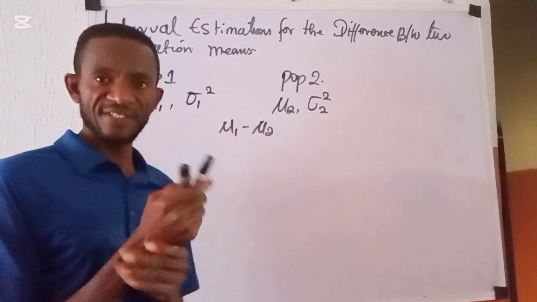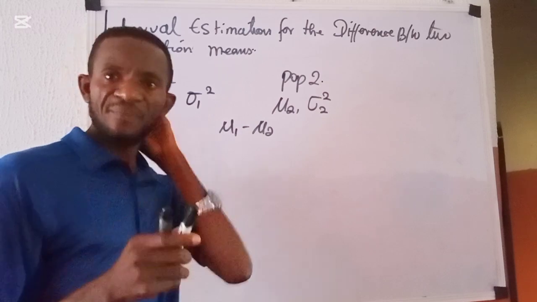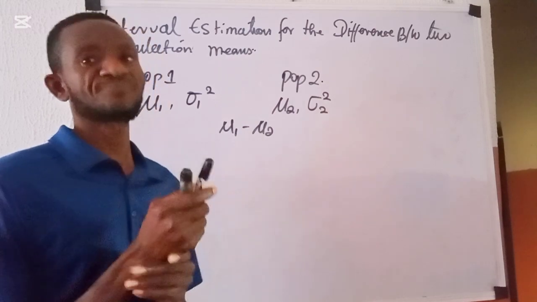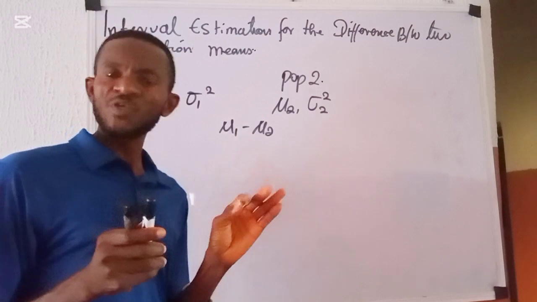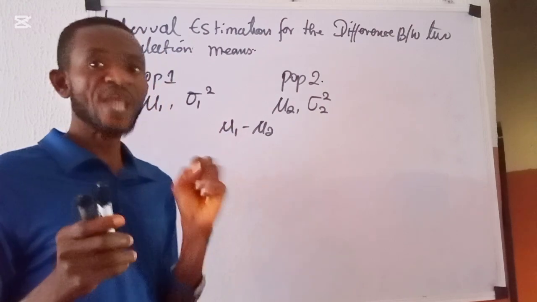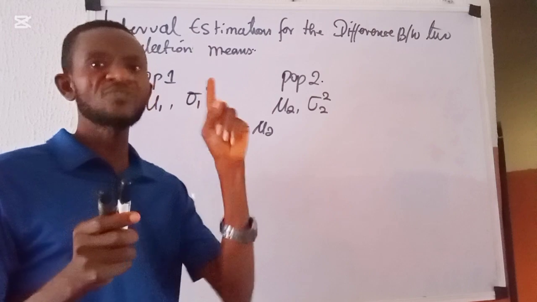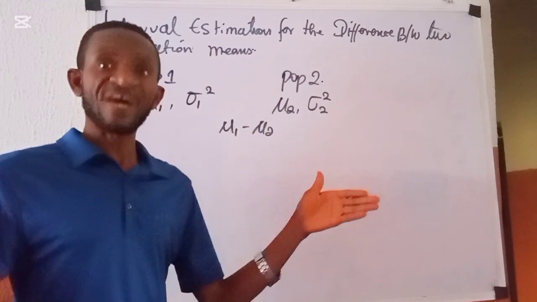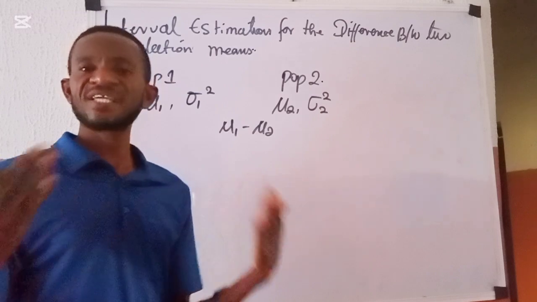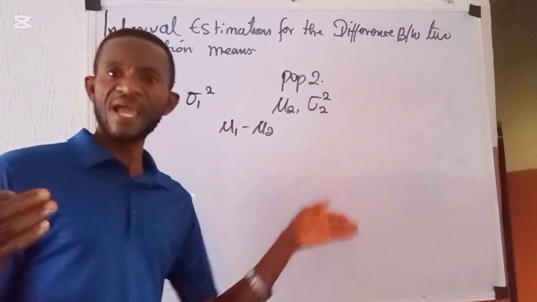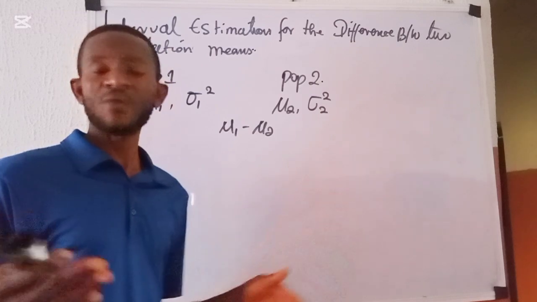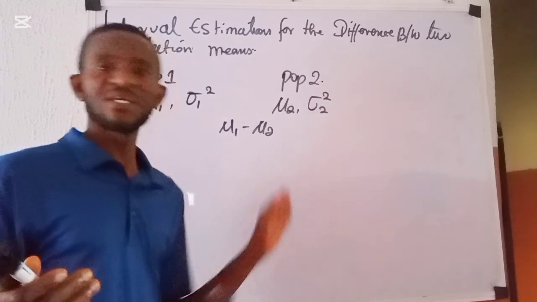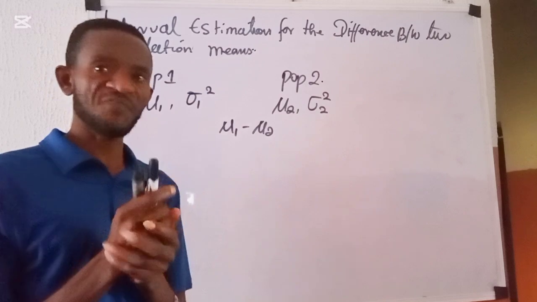contain. And do remember that when we began this interval estimation, we said that for us to construct the confidence interval that will contain the unknown population parameter in terms of intervals, we are going to represent this interval with L and U, where L is what we call the lower confidence limit and then U is what we call the upper confidence limit.